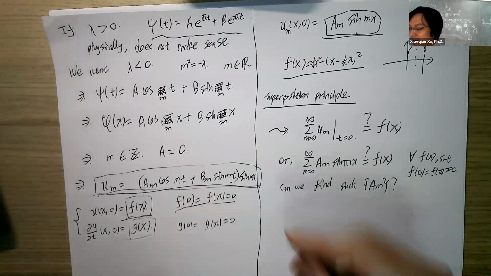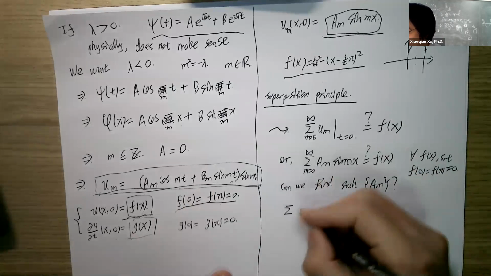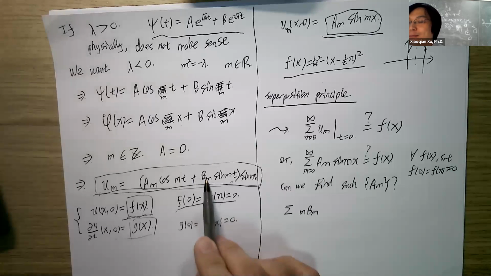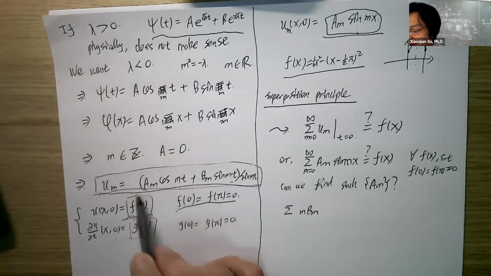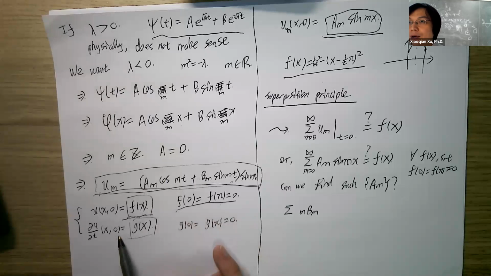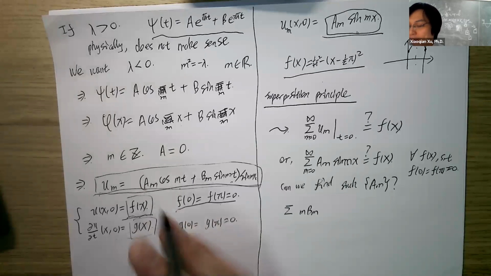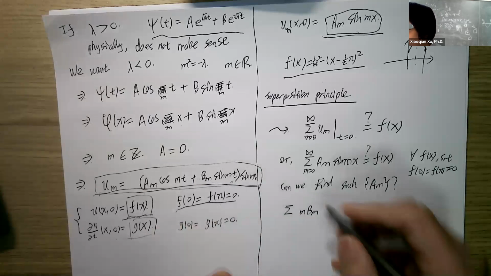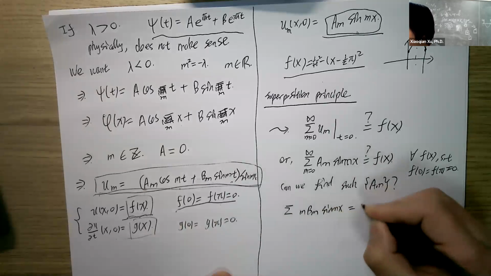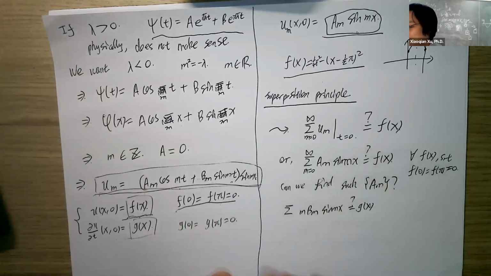You just need another equation, which is m times B_m. If you take the derivative in time, you will get m times B_m here, and this is m times A_m, but you have sine here. Then you plug in t equals 0, the first term disappears and only the second term is left. So it's m times B_m sin(mx) equals g(x).